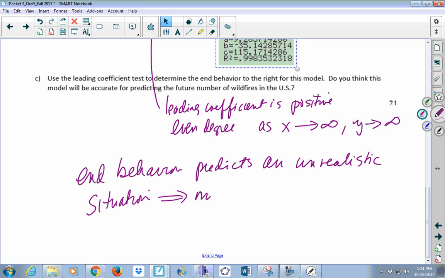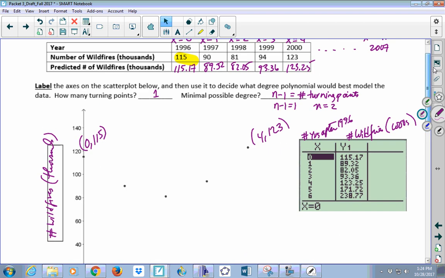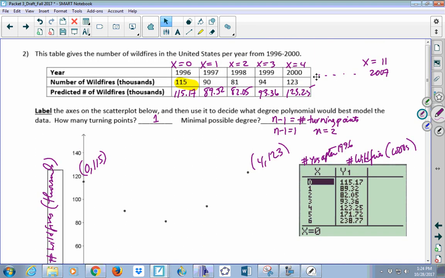This is an example of model breakdown. All right, so it's really fantastic for those 5 data points, and probably we might feel pretty good going out a few more years. But beyond that, we probably have to rethink the model.